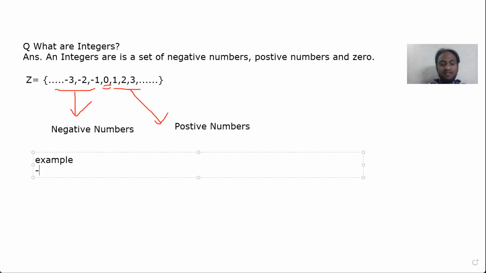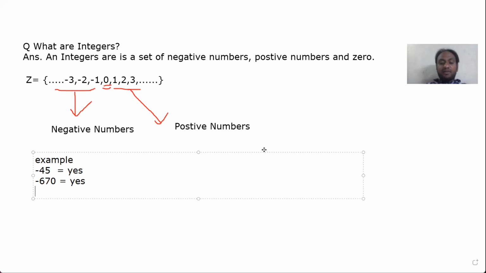Can anyone tell me, is minus 45 an integer? Yes, it is an integer. Is minus 670 an integer? Integers contain negative numbers, so yes, this is an integer.